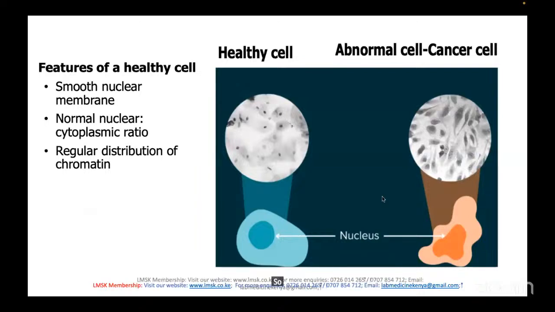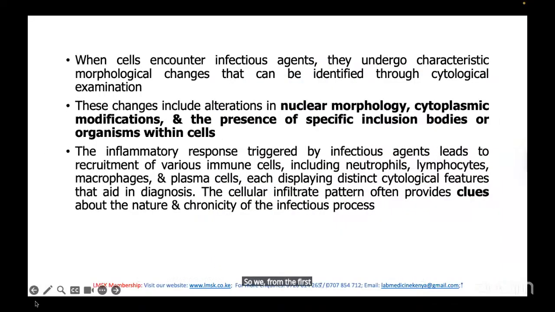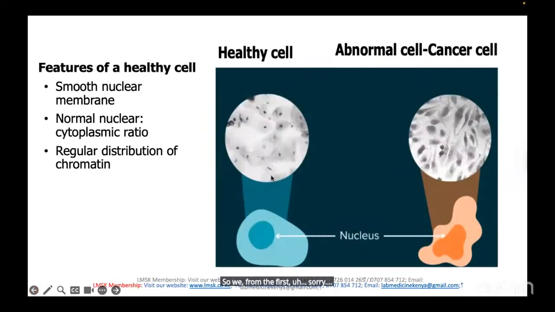This pictogram is just showing a healthy cell and an abnormal cell. In this case, I used an example of a cancer cell. From the healthy cell, you can see that we have superficial cells with a small nucleus and abundant cytoplasm.